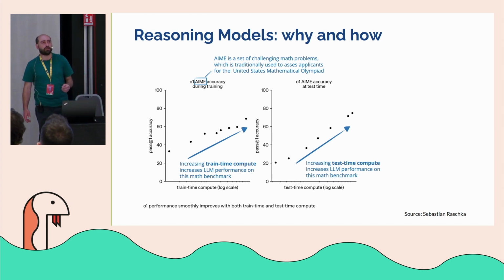Then in December, the OpenAI O1 model was released with a very short technical report, including this image. And this image shows that on a set of challenging math problems, you can improve performance by increasing the train time compute and/or the test time compute.